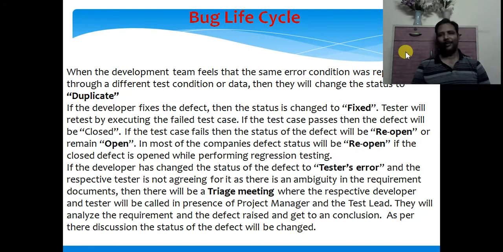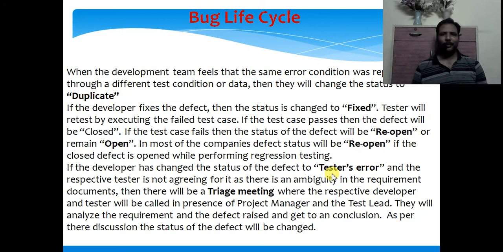That may happen for anyone. If that happens, there will be discussions. You have raised a defect and the developer is not agreeing that it is a defect, and he has changed the status to tester's error. This is a bad remark from the tester's point of view.